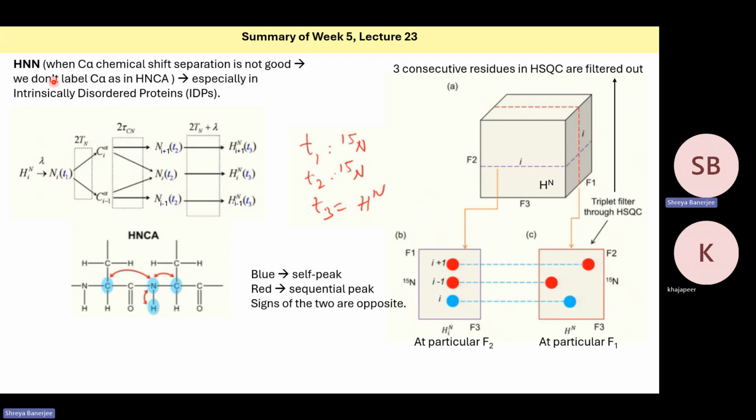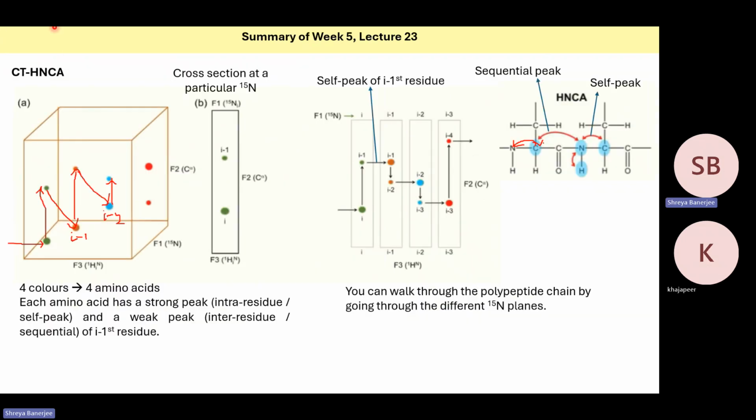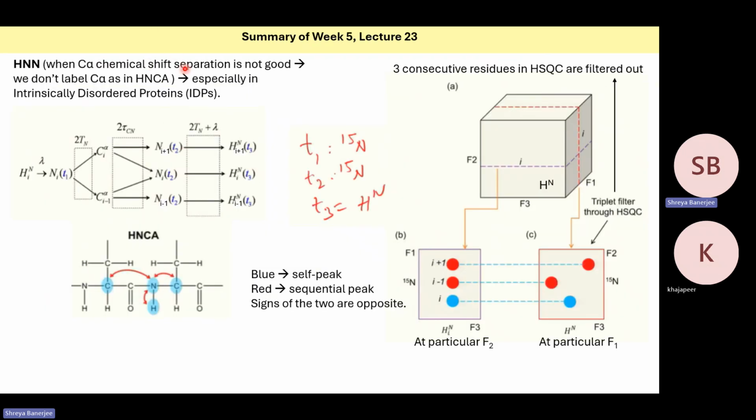Now there is another kind. One thing here is that one of the axes is 13C. But sometimes the 13C chemical shift separation is not very good. This especially happens when you have intrinsically disordered proteins, or IDPs.